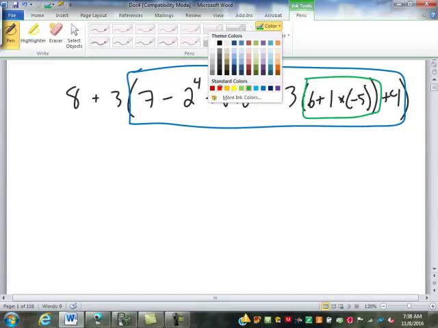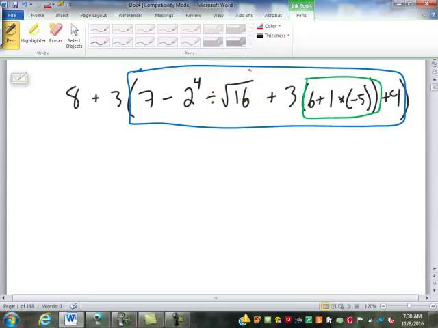What do we have to do first? 1 times negative 5, which is negative 5. So then what's next? Add them. 6 plus negative 5 is 1. Everything else in there has not changed.